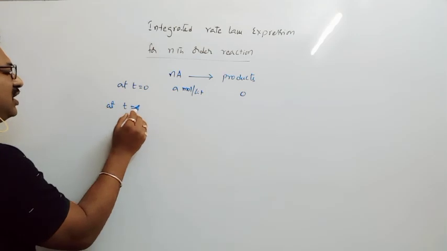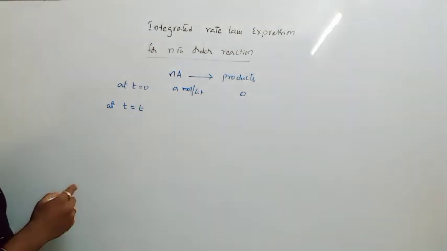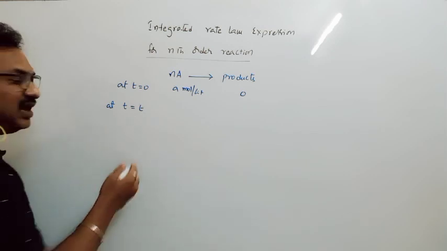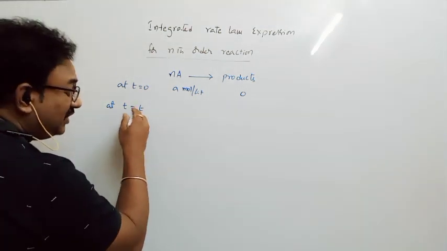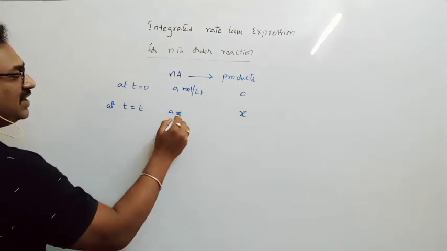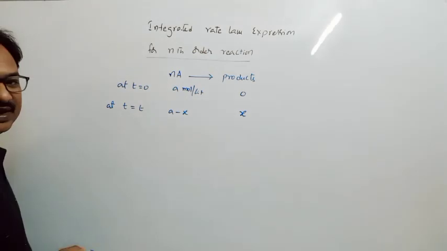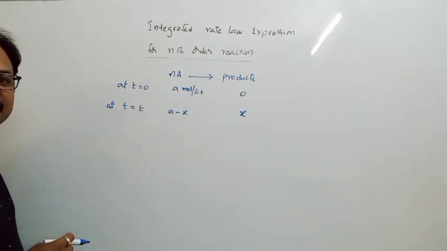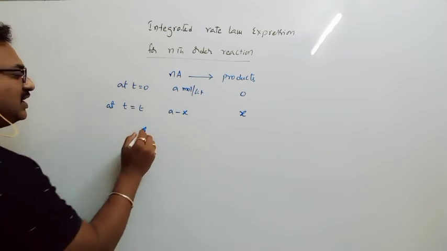Now at t equal to t, that is, after a certain time period, after few seconds or few minutes or whatever it may be, let the product concentration be x. Then the reactant left is a minus x.